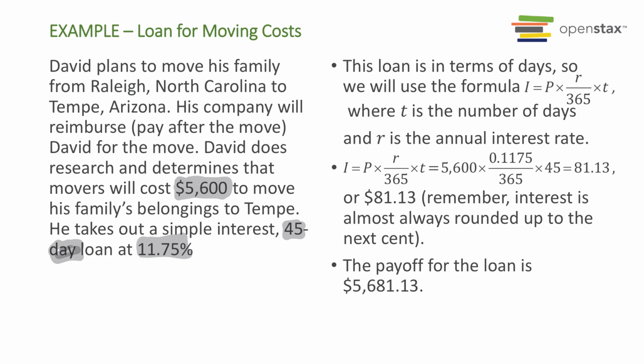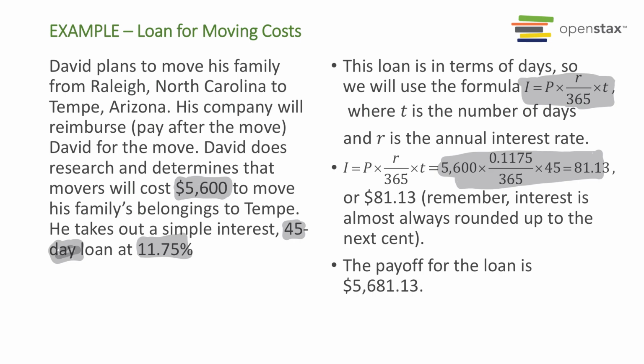Because we're only going to consider 45 days out of the year, we are going to have to use the formula where we convert the interest rate, the APR, into days. So that's going to be P times R divided by 365 times T. And so here we've got 5,600 times 0.1175 divided by 365.